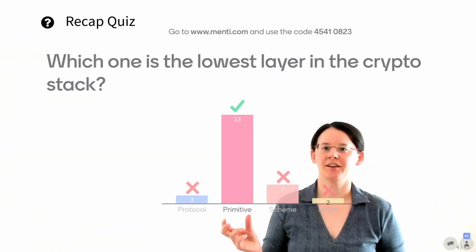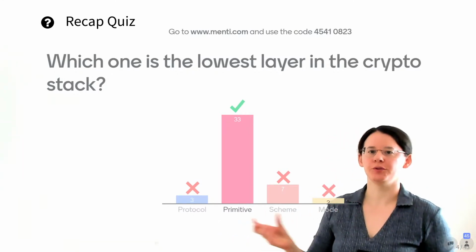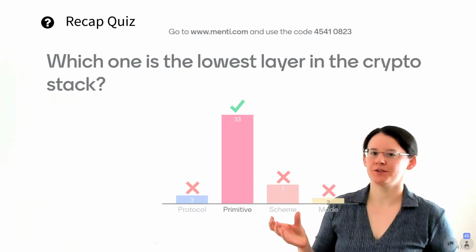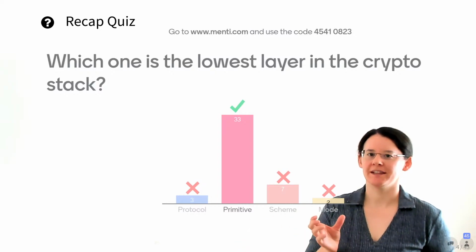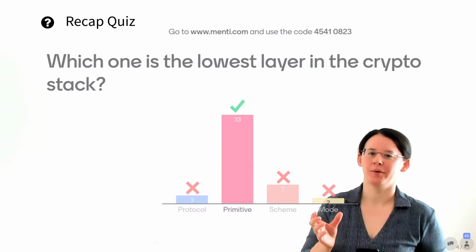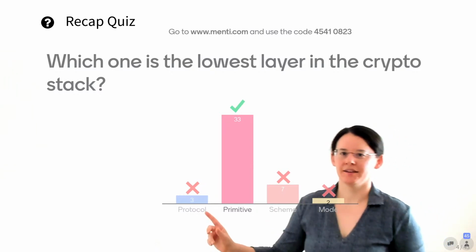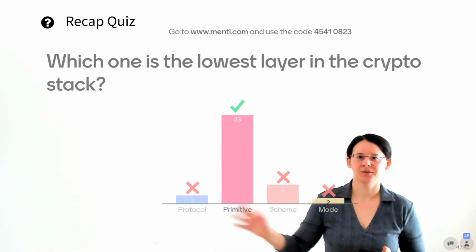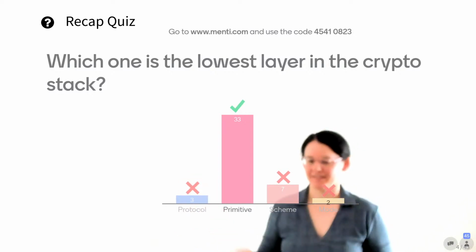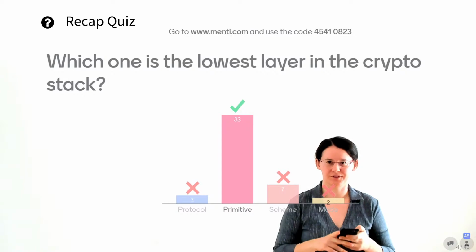So that's the atomic building block, we say. The mode describes how to use them, and the scheme is the result of combining the mode with the primitive. So this is like the construction model for the car, and this is the actual car model. And the protocol then uses this entire thing. So a protocol would be something like the Straßenverkehrsordnung, so the traffic rules, or something like that.